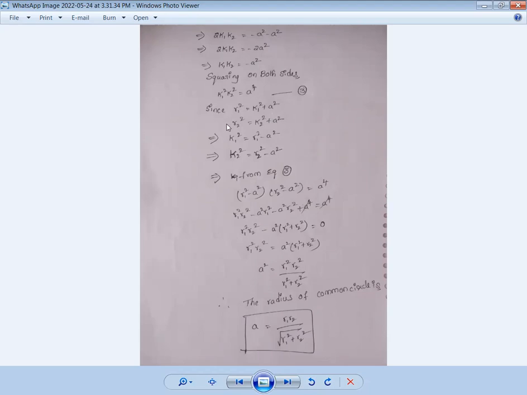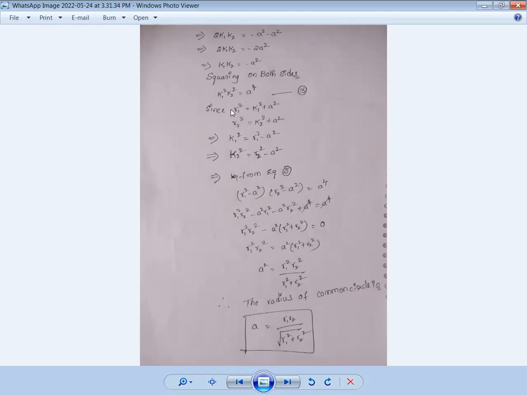Since r1 square is k1 square plus a square, and r2 square is k2 square plus a square, we get k1 square is r1 square minus a square, and k2 square is r2 square minus a square. Now substitute these in the third equation.